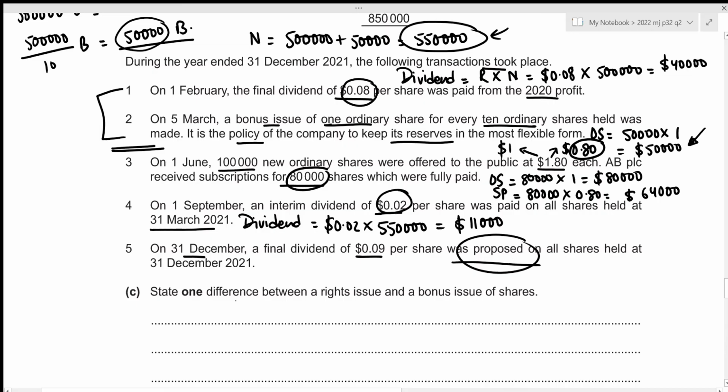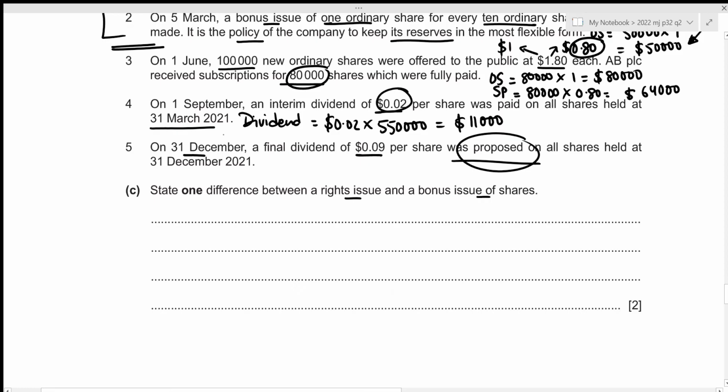Now, for the third part of this question, we need to state one difference between a rights issue and a bonus issue of shares. So remember that bonus issue of shares can only be at a nominal rate because these will be funded by the company reserves, whereas a rights issue will result in the company receiving cash from outside parties, which will be the shareholders. Let's write it down.